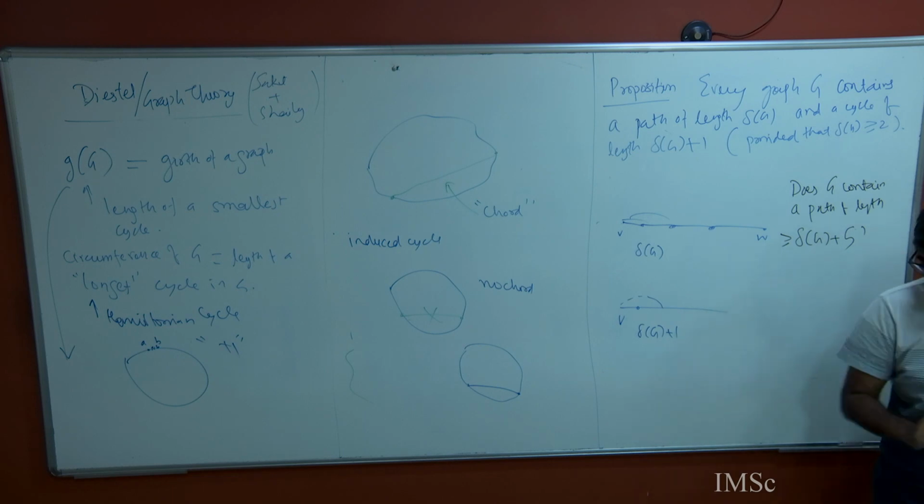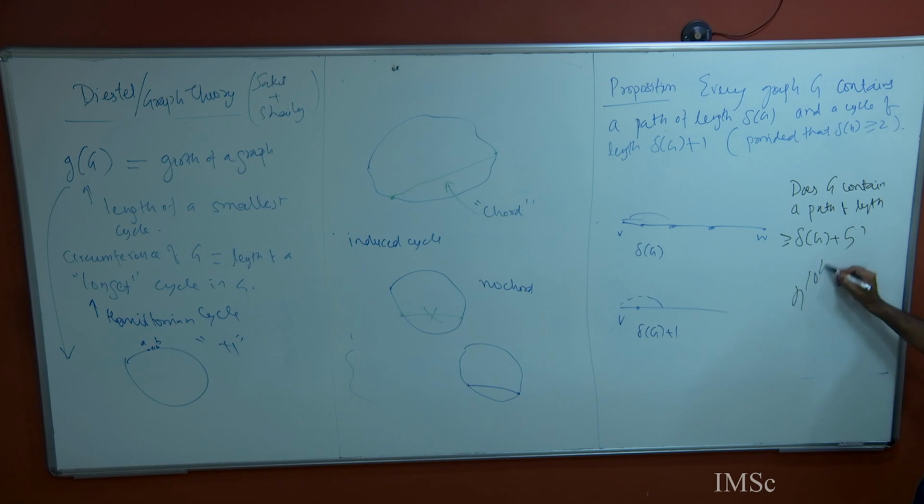I allow you to take whatever polytime you want. It's that difficult. Delta G plus 5. Plus 1 is slightly easier, but 2 onwards, you need a whole machinery.